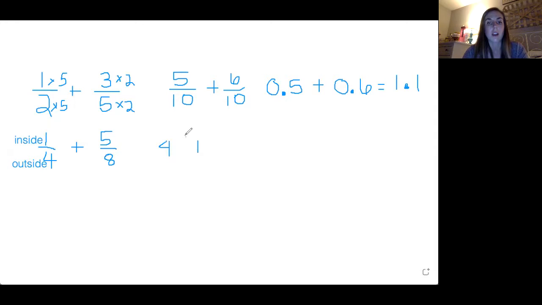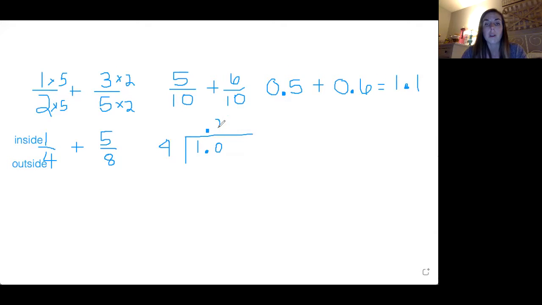I know this does not look like it makes sense yet, right? 4 into 1. But do you remember the trick we learned yesterday where you add a decimal and zeros? We'll start with 1. Go ahead and put your decimal on the top as well so you don't lose where your decimal should be in your answer, because that can change your answer and make it wrong. Now we're seeing how many times 4 goes into 10.